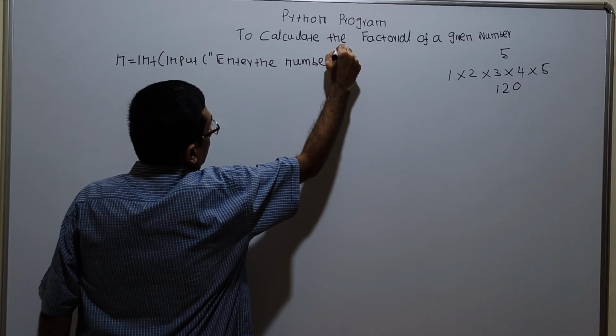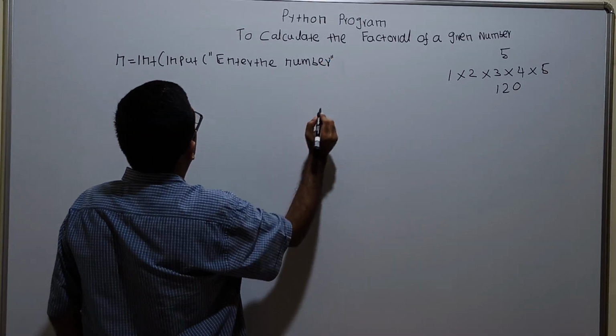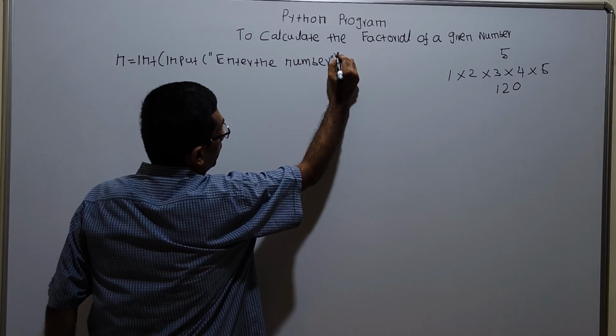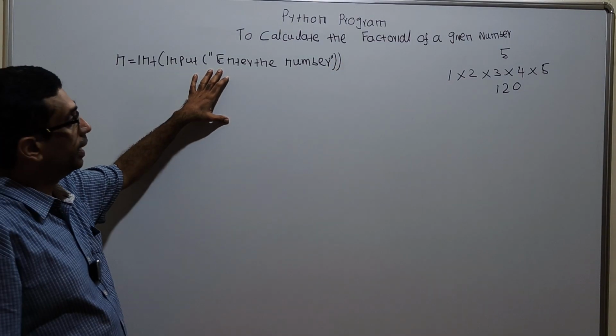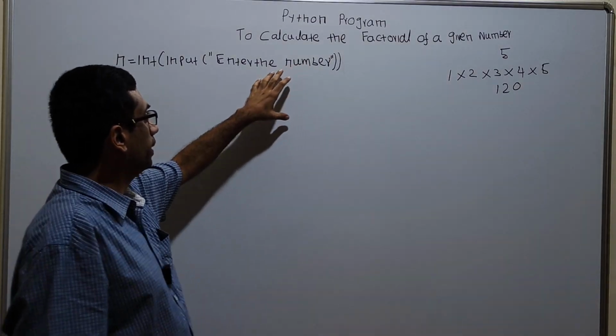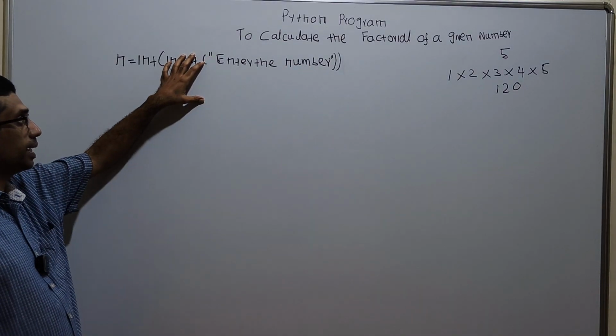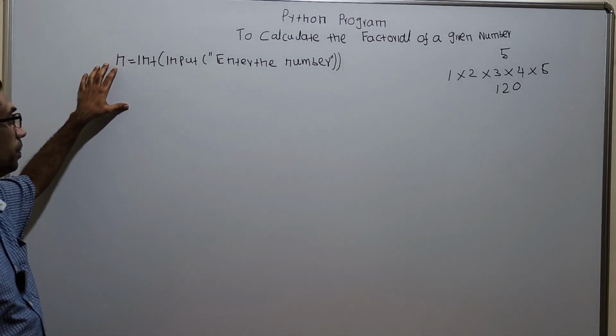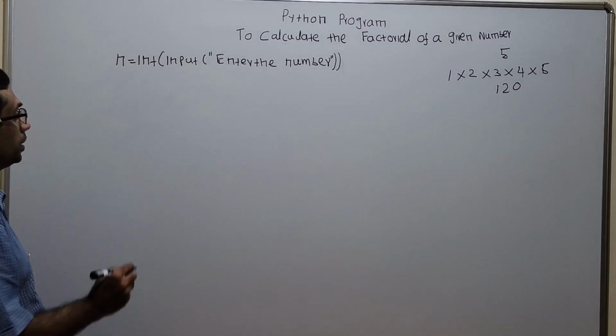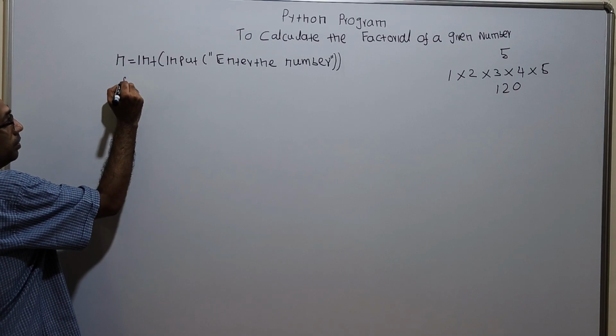I am closing the input statement, and I am closing the int function. The input statement displays the text "Enter the number" in the console and takes the number from the user. The input statement receives it as a string, and the int function converts it to an integer and stores it in the variable n.